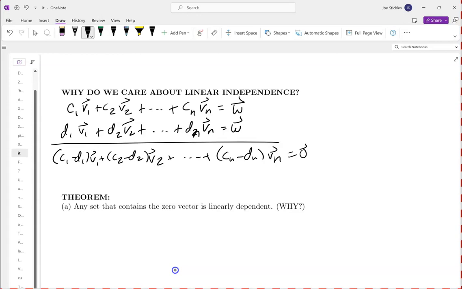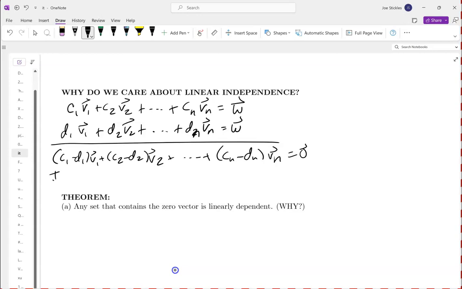I now have a linear combination of the v's that gives me the zero vector. If the set of the v's is linearly independent, what can I say about each of the constants? What do they have to be if it's linearly independent? They all have to be 0, right?